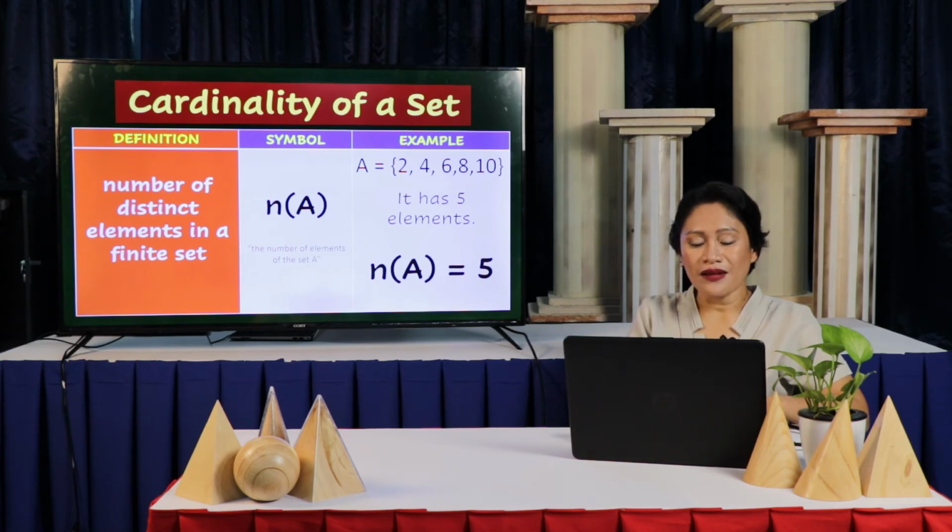That means the number of elements of set A. For example, we are given set A with elements 2, 4, 6, 8, and 10. How many elements are there? Yes, very good. There are 5 elements. So the cardinality of set A is equal to 5, written as n(A) equals 5. Did you get it? Very good.